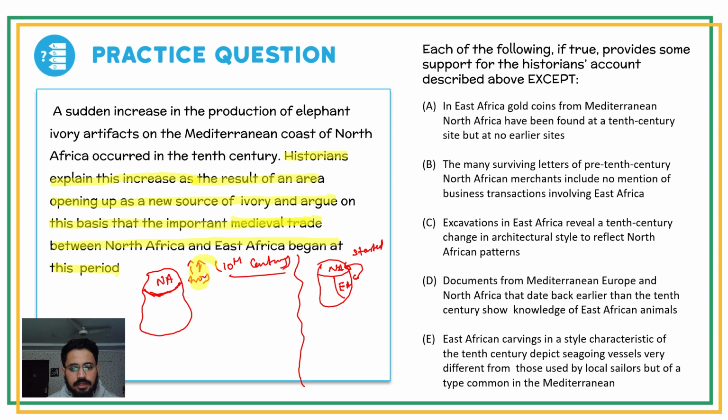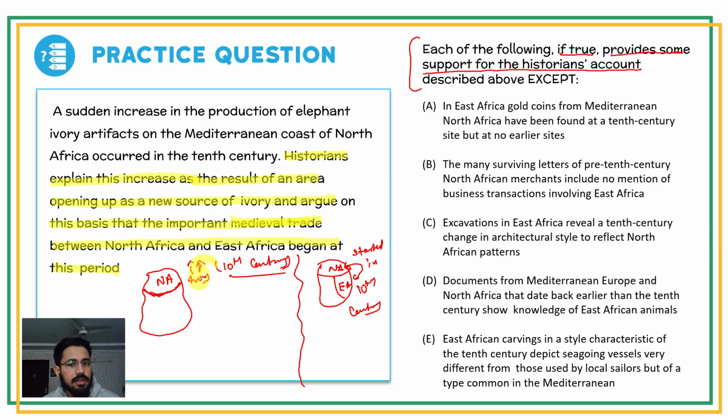What time was it? Yeah, 10th century. Okay. And now we have to pick an option which, if true, provides some support for the historians' accounts.